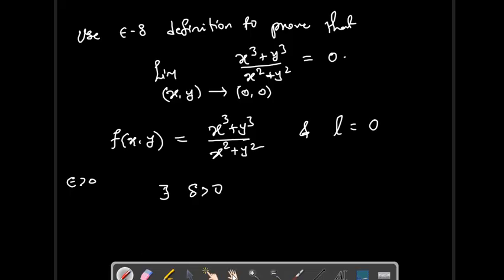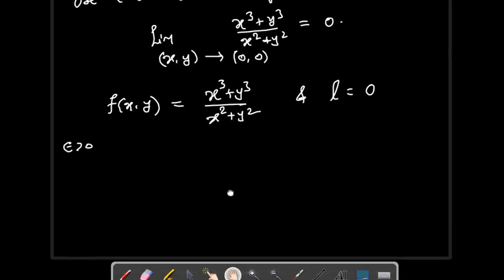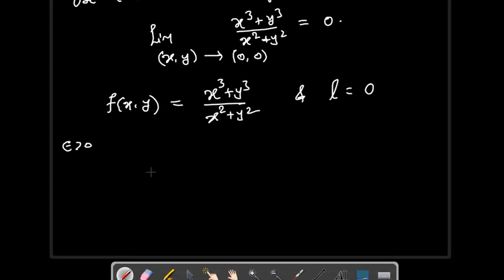This delta represents the radius of the neighborhood around a comma b. So let's try to understand here. What is a comma b? The point a comma b is nothing but 0 comma 0.